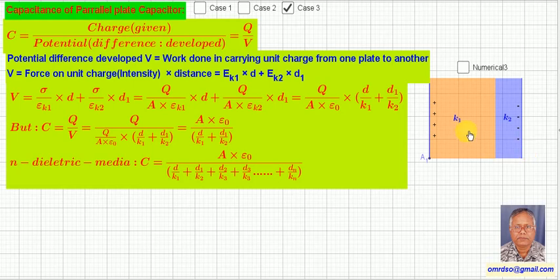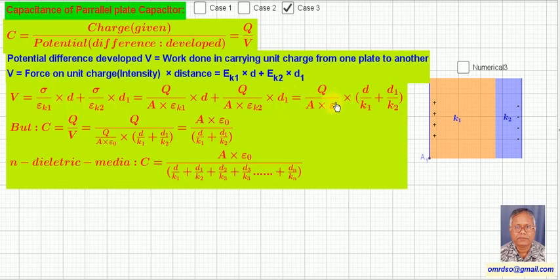As you see, there are two media, so two works will be done. Work done in the first medium is force into displacement, plus work done in the second medium, force into displacement. Force is taken as intensity because the force is working on unit positive charge. So obviously V is equal to force into distance plus force into distance, and like this.